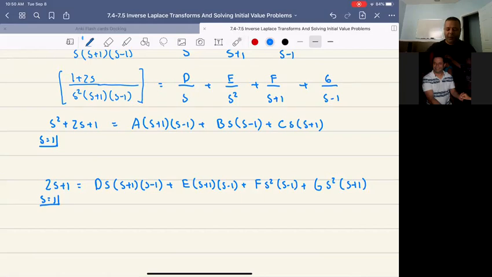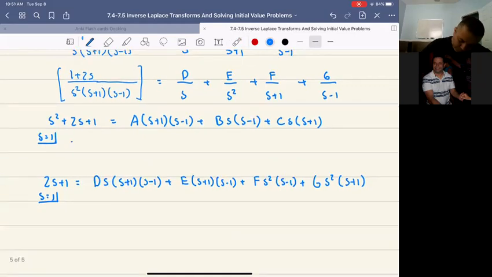When s equals 1, this goes away. On the left-hand side we get 1 plus 2 is 3, plus 1 is 4. On the right-hand side we get 0, 0, c times 2, 2c. So c equals 2.